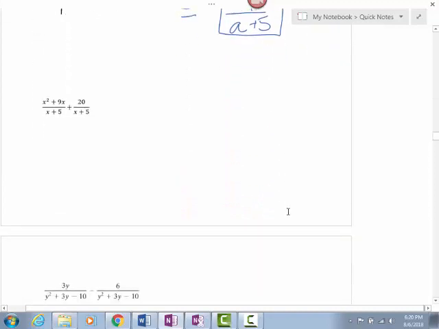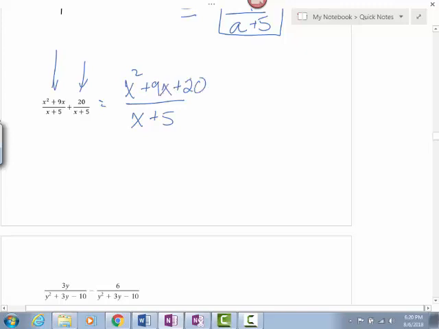Okay. Let's try the next one here. So again, first thing I notice, I already have a common denominator of x plus 5. On the top, none of those are like terms, so I'm just going to write x squared plus 9x plus 20. We can factor the top though. 1 times 20 is 20, and the two numbers that multiply to 20 but add up to a 9 are 4 and 5.